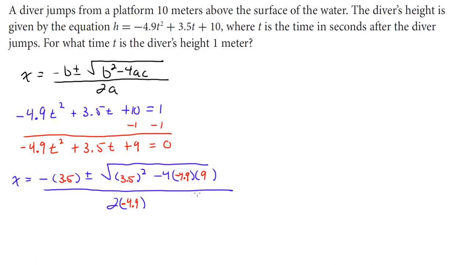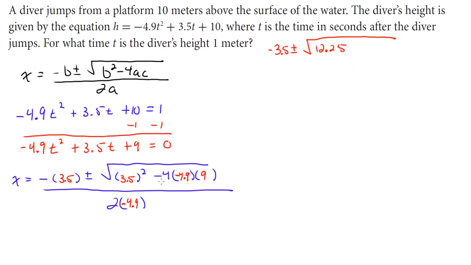Okay, so now we're just going to go ahead and work this out. So we have here negative 3.5 plus radical, and 3.5 squared is 12.25.